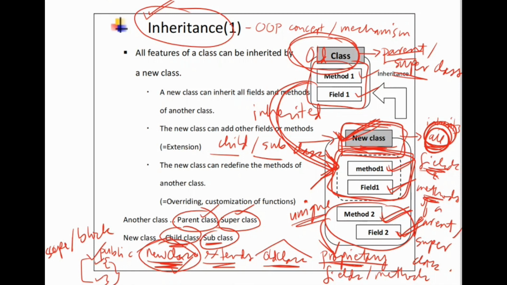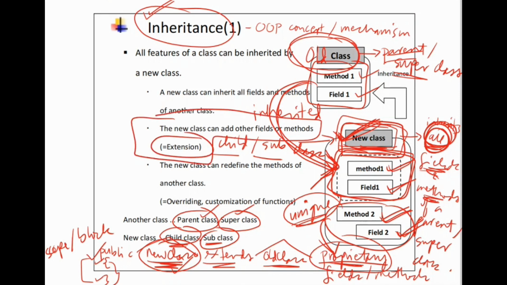When we define the child or subclass such that it has its own unique or proprietary fields and methods, then we are employing extension. So extension is when a new class can add other fields or methods. We call that extension.